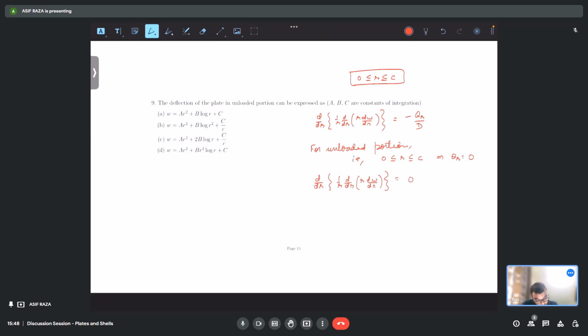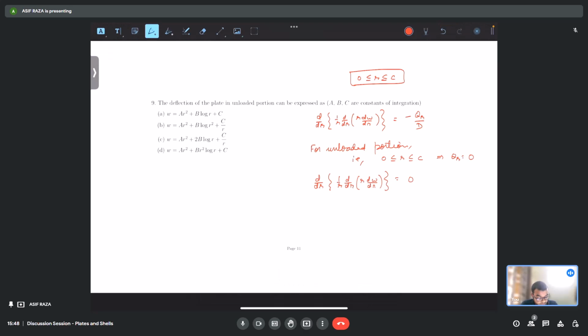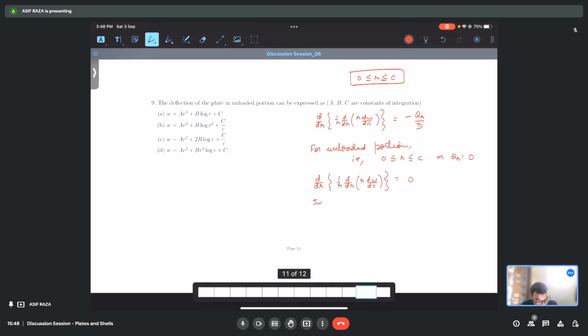Okay. Now integrate this relation on both sides.